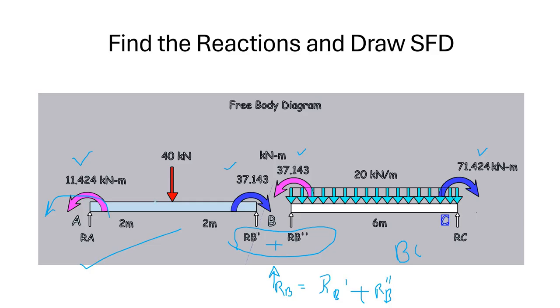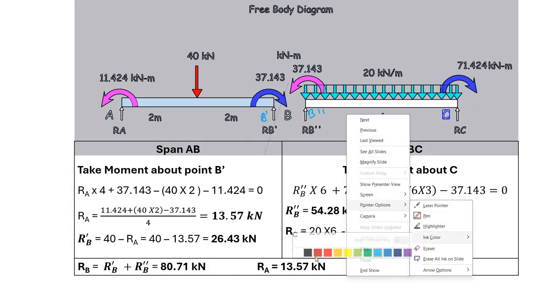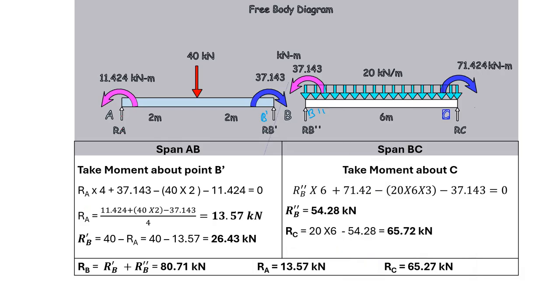So first let me take the span AB. Take moment about point B dash. So this is B dash, and this is B double dash. Take moment about these points and you will find that RA multiplied by 4 is a clockwise moment.